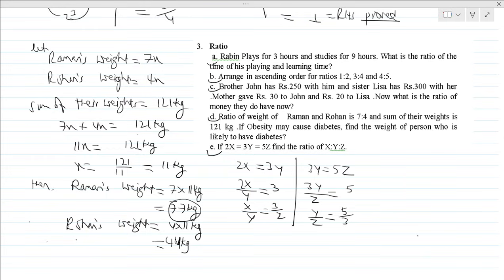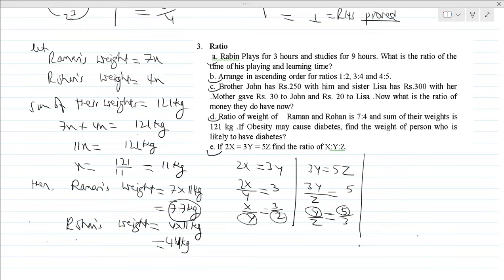So for finding that, we have to make a common term with the same value. Here the common term is y, but they have different values, 2 and 5. So what we do is we make the value of y, which is the same variable, also the same.